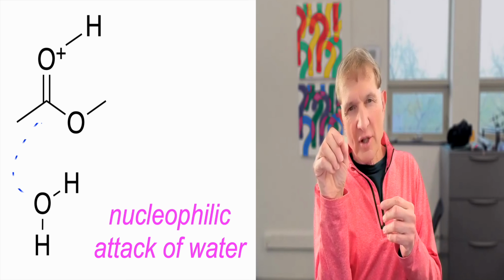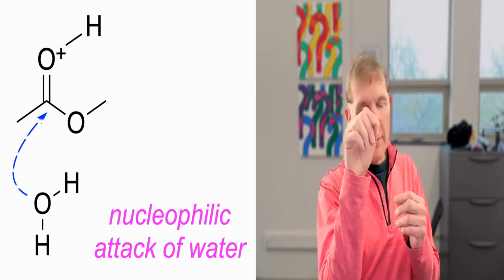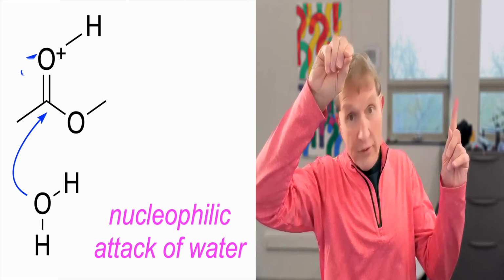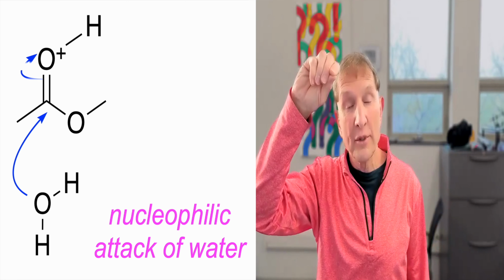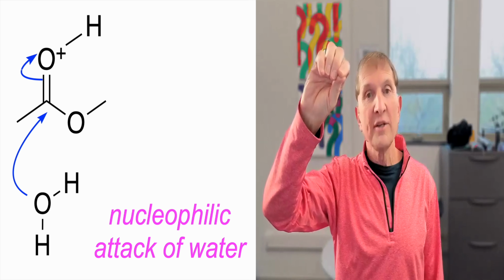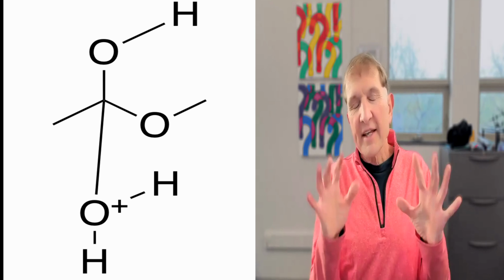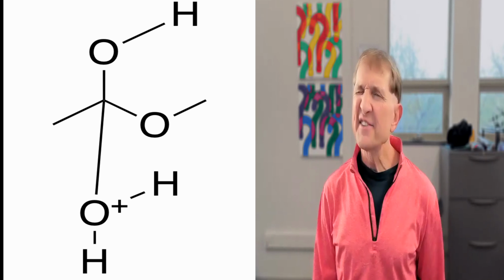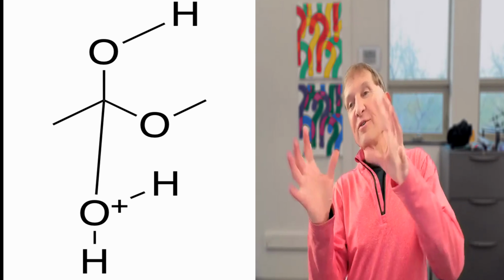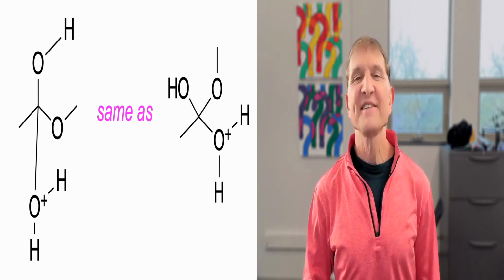The electron lone pairs push towards that positive charge. They push out electrons onto the oxygen, because you remember we can't have 5-valent carbon, and they neutralize that oxonium to an OH. That gives us this intermediate. It doesn't look nicely tetrahedral, so let's tidy it up, and now it looks like a tetrahedral intermediate.